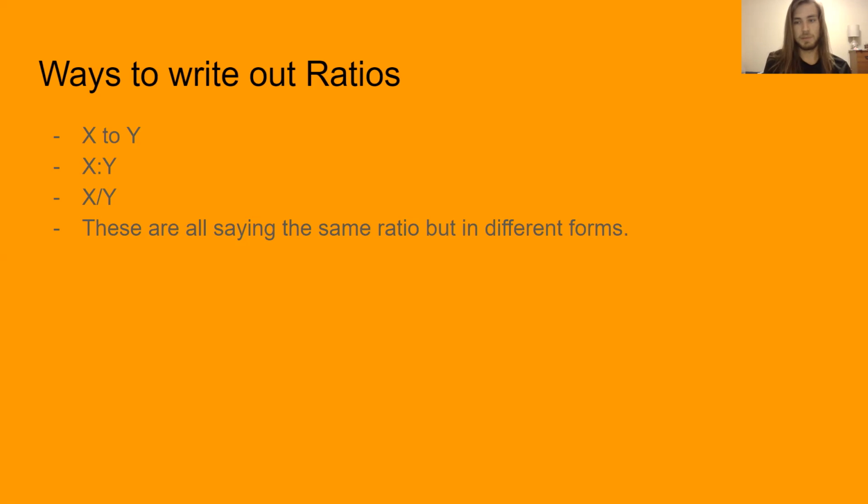If you're solving word problems and you need to give your answer in words, that's a good use for it. There's a simple colon you can use, x colon y. That's if you like solving math facts real quick. And then x over y as a fraction.